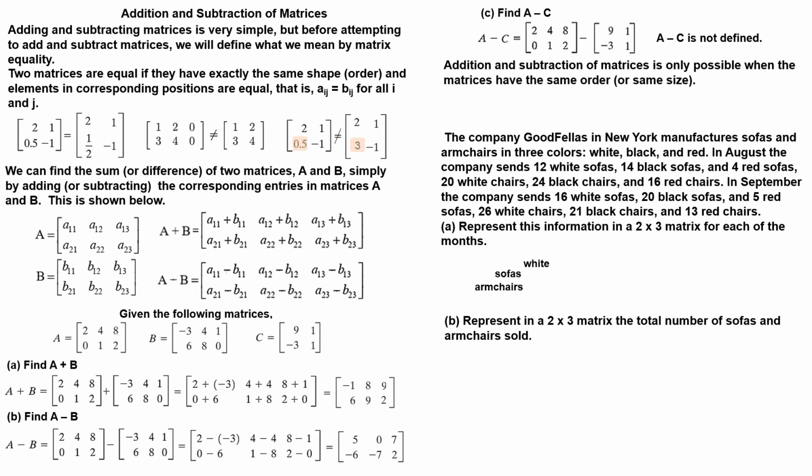Since the order of the matrix is 2 by 3, the rows represent the armchairs and the sofas. The columns represent the colors. This matrix A represents August, and the matrix B represents September. Now we must add the corresponding elements to get the total of sofas and armchairs sold.